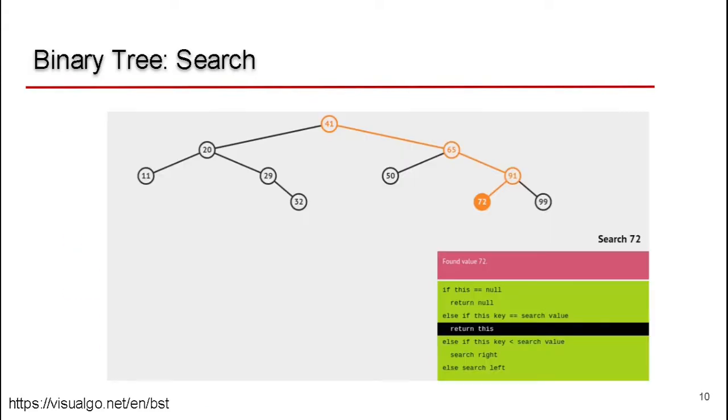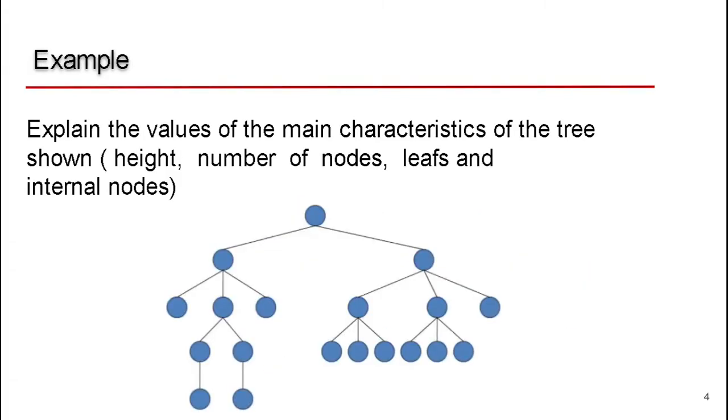You may have different leaves, but the one we consider to calculate the height is the one with the longest path in the tree. For this tree, you can see we have two longest paths, here and here. Both of them are equal. So this one is the height of the tree.